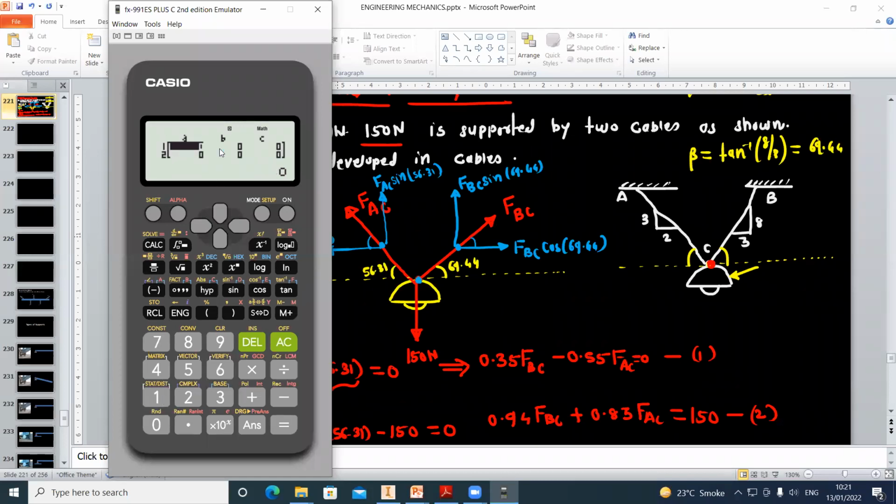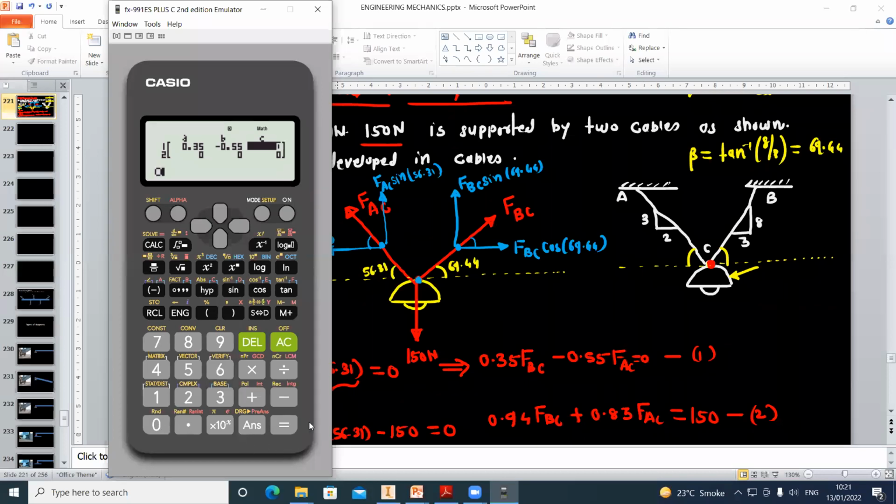Now here A, B, these are the coefficients of FBC and FAC. Okay. So first 0.35, then second minus 0.55, and the constant C, it is on the right side. Okay.